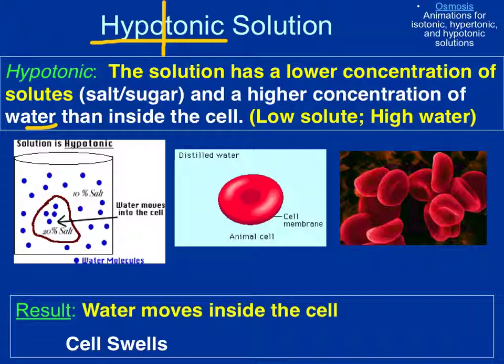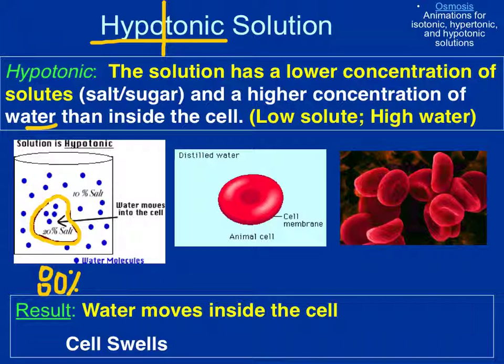So in this hypotonic solution, we take a look at this cell, and in this cell, for this example, we say that it's 20% salt. Well, if it's 20% salt, then we can think in our brains that it would actually be 80% water.